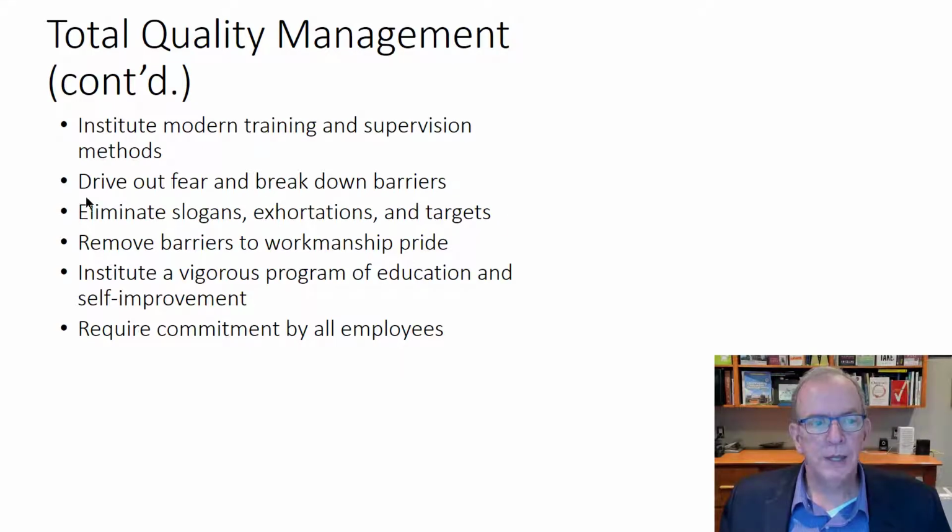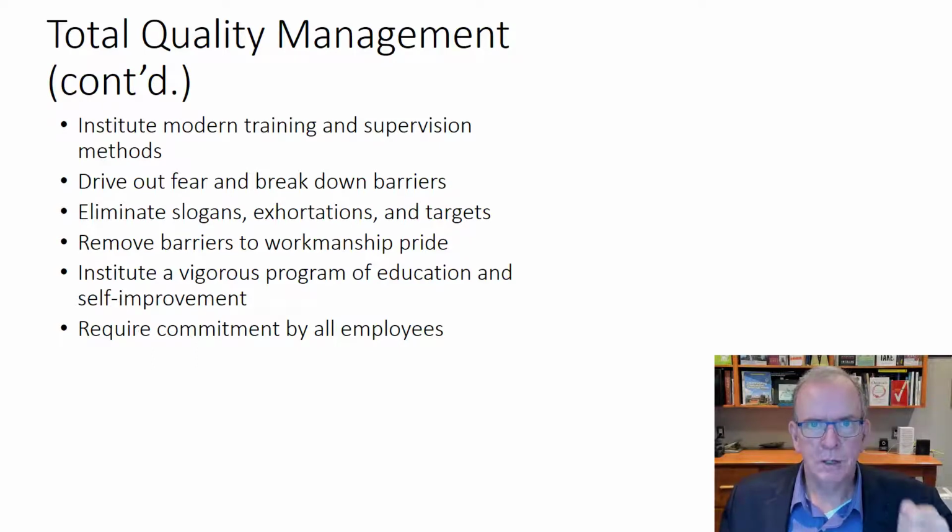Deming was not a big fan of slogans. I think I may have mentioned in a previous video, I had a Ford car in the early 90s, and every day I had to come home and listen to the commercial, and it would say, Ford, quality is job one. I think it was more like job 52. It wasn't job one with all the problems I had with that car. And that's not fixing it, right? So he wasn't a big fan of slogans. I don't think slogans are as big a problem as long as you mean what you say.